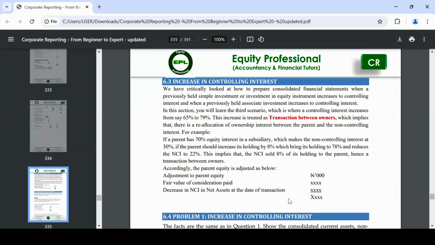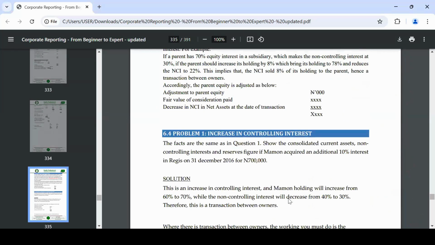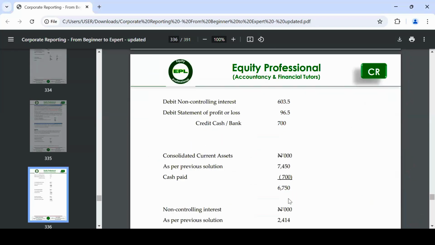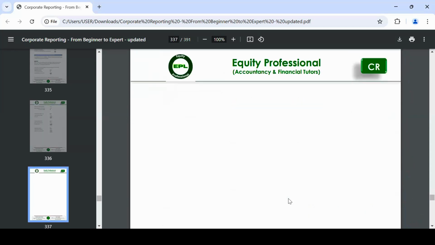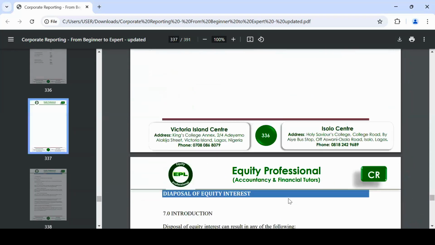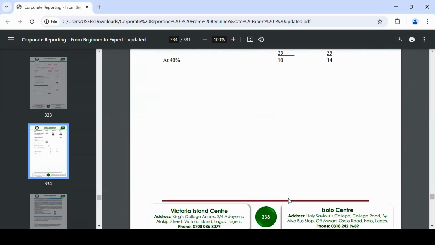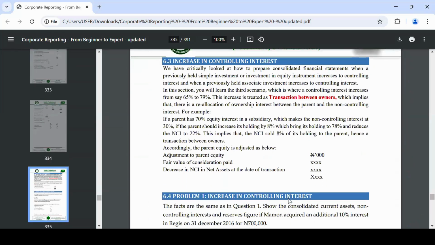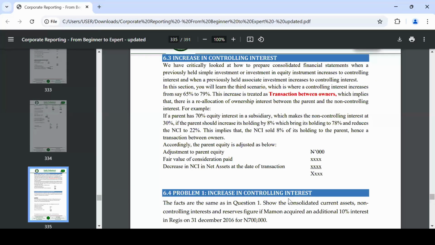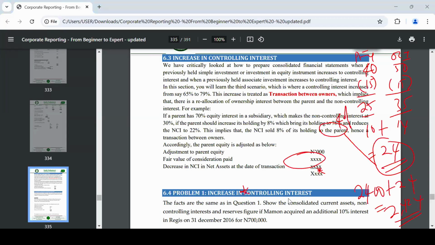We'll just look at this and then we'll round it up here. We'll continue from disposal of equity interest in the next class. We'll round up with increase in controlling interest. If you recall, we said that there are 3 scenarios in business combination achieved in stages.